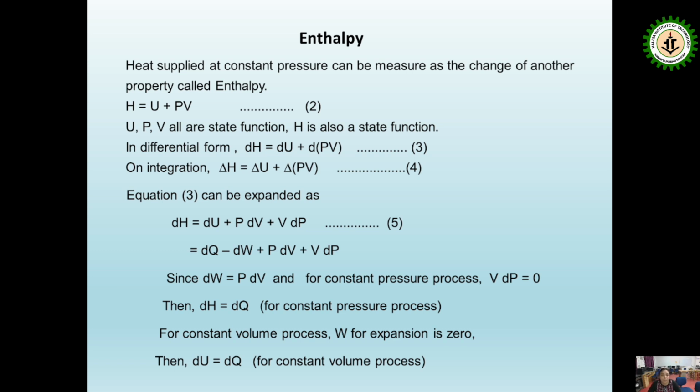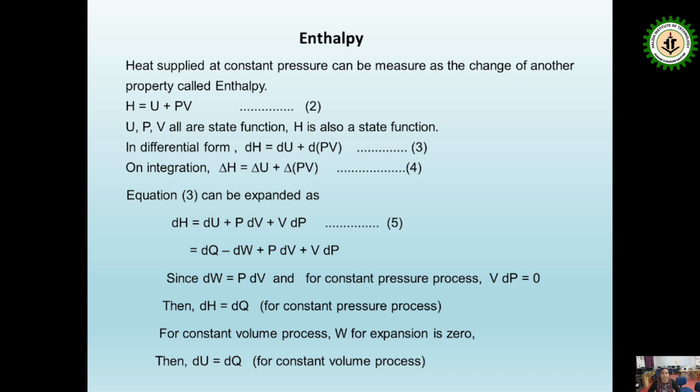Now another important component of the energy balance equation is enthalpy. To describe enthalpy, we will consider two systems, the system at constant volume and the system at constant pressure. First we consider the system at constant volume.